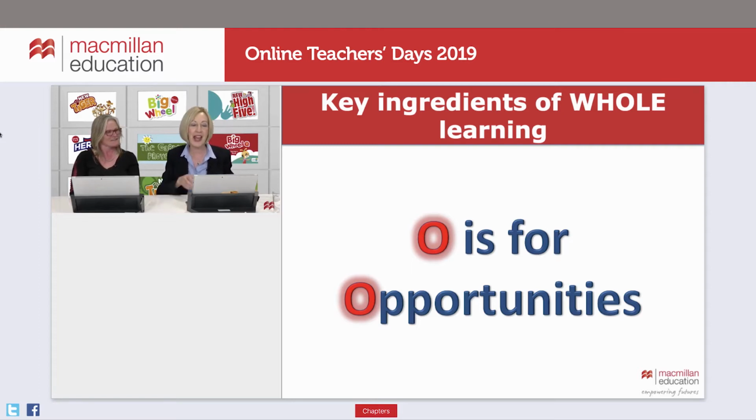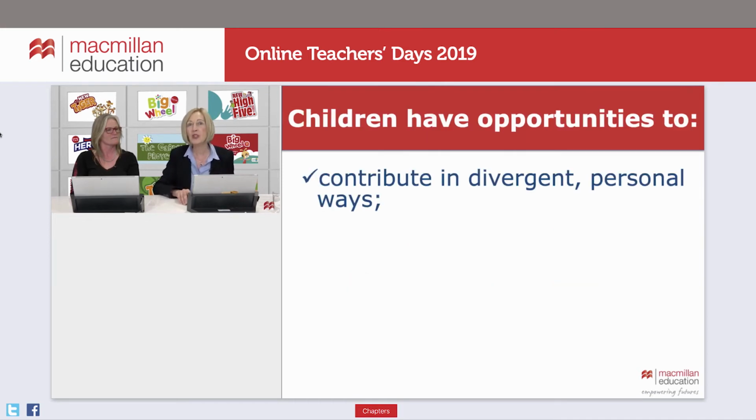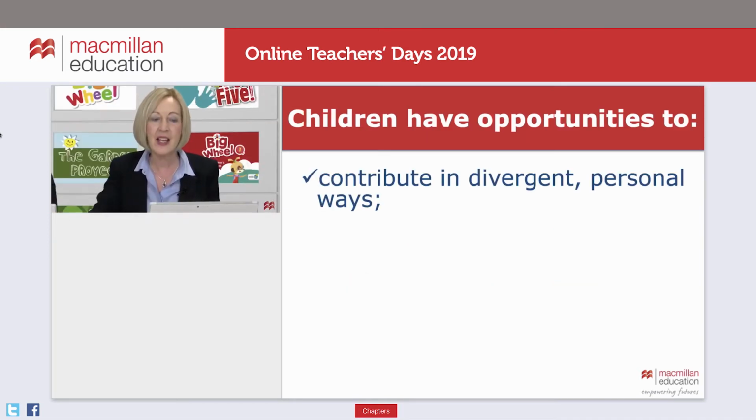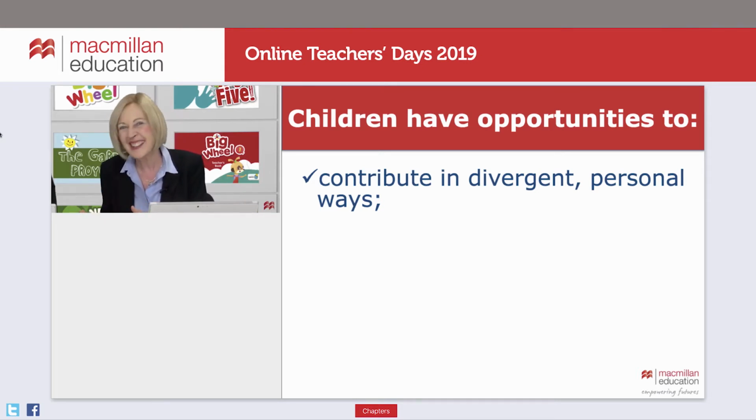Okay, so moving on now to our next letter, O. O is for opportunities. And I think it's really important that we give children opportunities in our classes to, for example, contribute in divergent personal ways. Of course, lots of our activities have right answers.